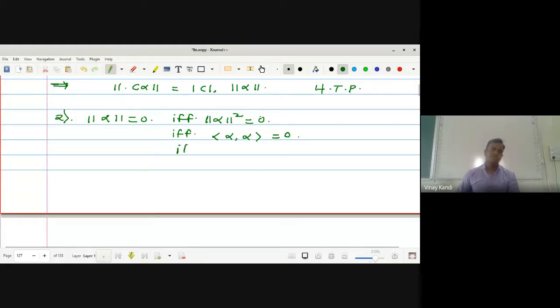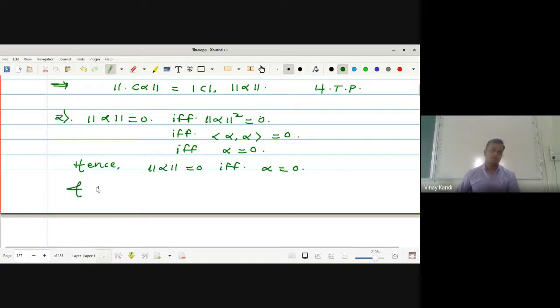When is this possible? By the non-negative property of inner product spaces, this happens only when alpha is equal to 0. Hence norm of alpha is equal to 0 if and only if alpha is equal to 0.